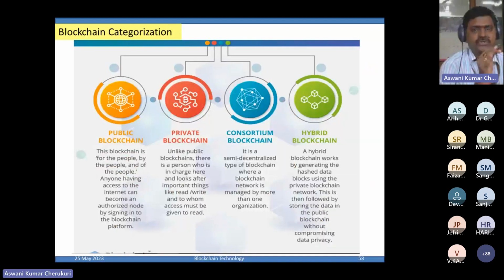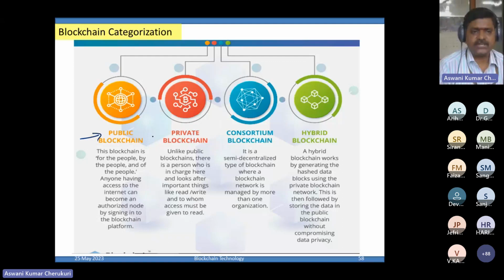Now we have understood the fundamentals behind blockchains, and how can I categorize them? I have multiple classifications of blockchain: public blockchain, private blockchain, and hybrid blockchain.